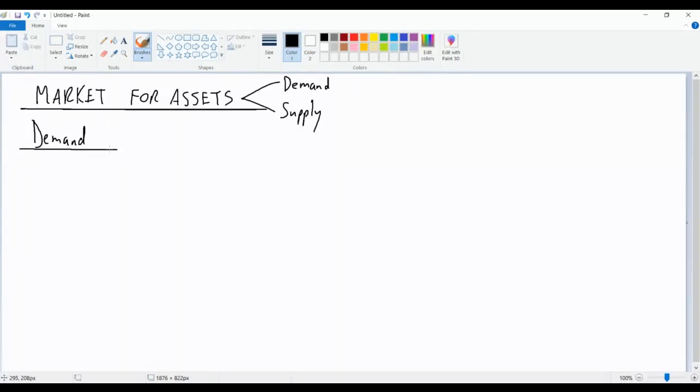Who buys assets? Whenever I buy an asset, it means I'm paying money now for this asset, which is a promise or a contract to be paid money later. So I'm giving up money now, and I'm going to get it back later. And what do we call doing that? Setting money aside for later? Of course, we call that savings.